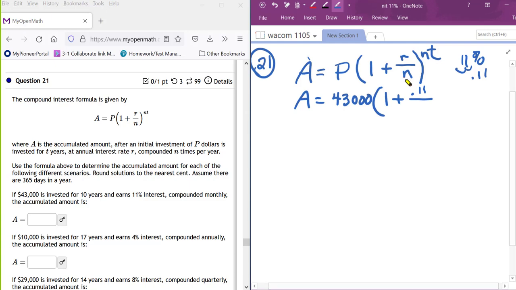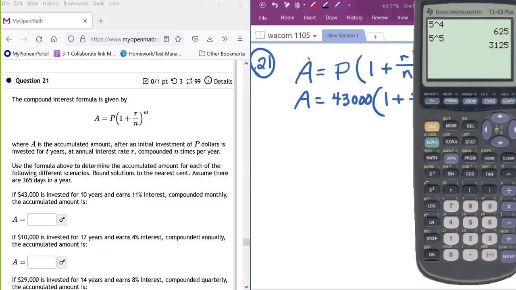On this problem, it says compounded monthly. So there are 12 months in a year, so this is going to be 12 for N. Up here you have your N again, which is 12, the same as down there. And we are leaving it in for how long? 10 years. Right, so you're just plugging in to a formula.